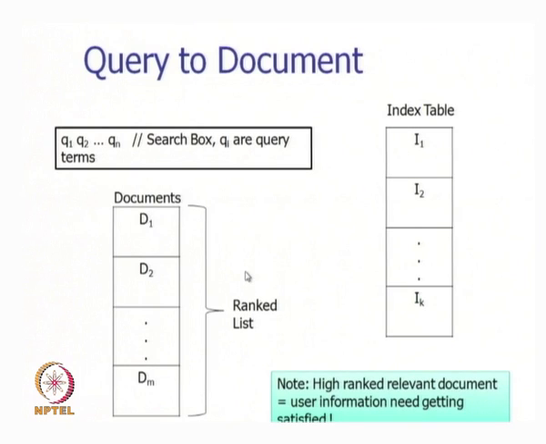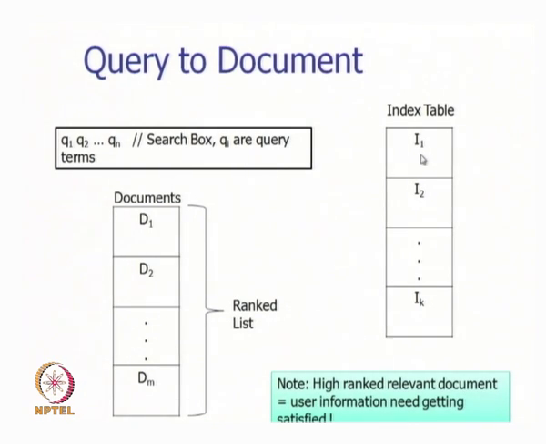Okay. So, we proceed further and look at this very important slide, which captures the essence of information retrieval. We have here the query words Q1, Q2, Qn, the search box. Qi are query terms. The documents here are represented as a ranked list with respect to the query, and how the document came was through this index table.